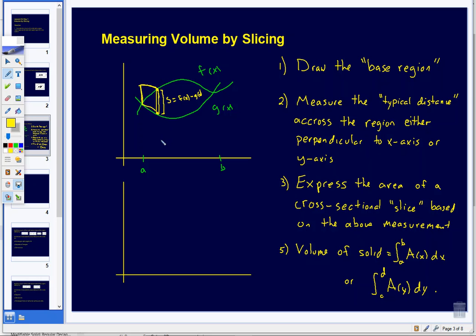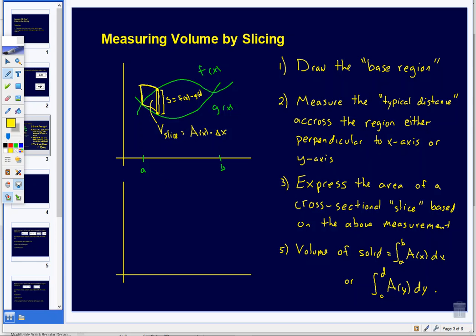Okay, so the volume of that slice is the area of that cross-section, and how we write that will depend on what the shape is, times the thickness of the slice, which is the delta x. And so integration is going to add up all those slices.